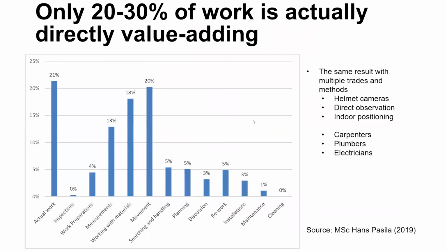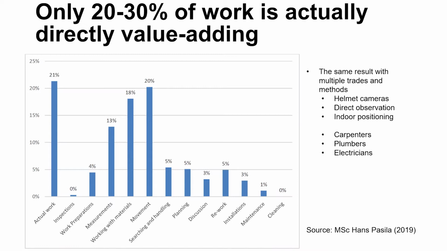We have done some studies, including helmet camera studies, where we put helmet cameras on workers for a period of a week or 2 weeks, and then analyze how much of the work is directly value adding. We try to categorize the work into different segments or buckets. And just 20 to 30% of the time is actually working.